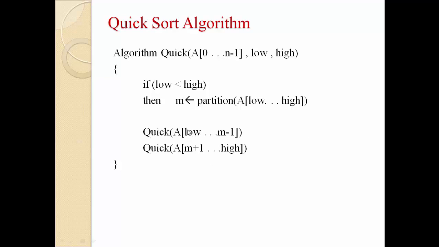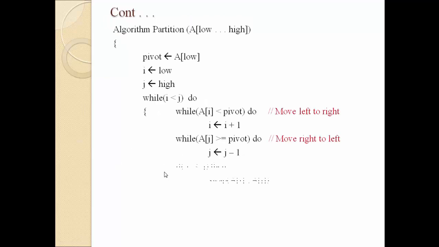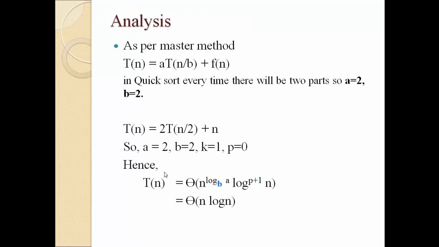So the left part starts from low and has the last element m minus 1, and the second part is m plus 1 to the last element, right? So we have to recursively call this function for both sub parts and continuously identify the pivot element, right? Every time we get the pivot element in the correct position, and at the end we get the list of numbers in ascending order.